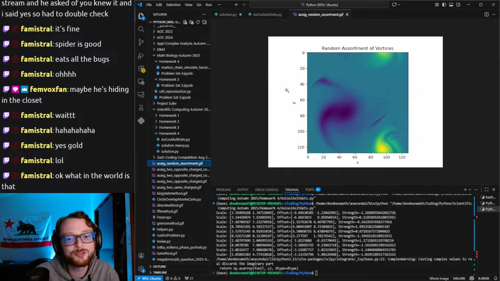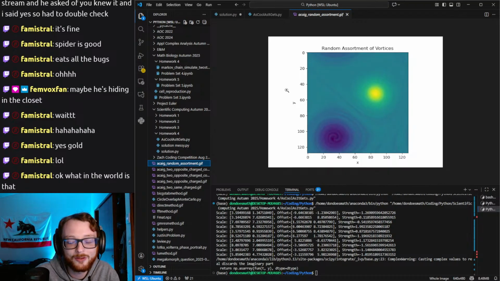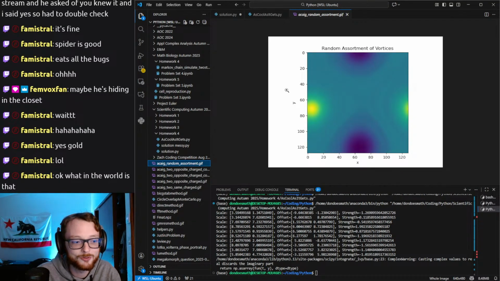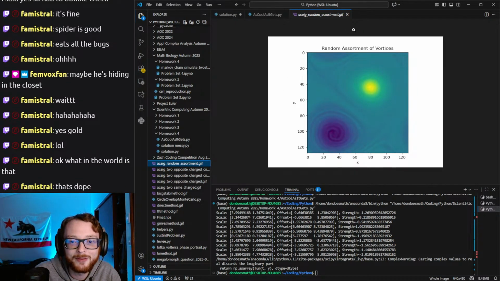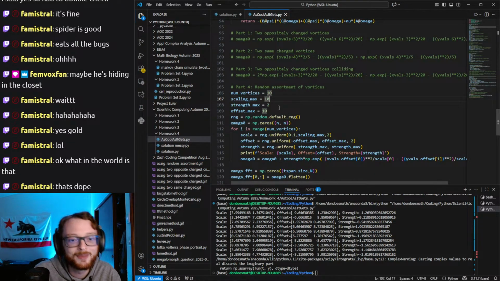This is a simulation of a vortex, in this case multiple of them. It could be a hurricane or something like that, or a whirlpool in water. I've written code that simulates it. I think it's really fun. I'm setting up random scenarios with a bunch of them, and I'm trying to get the coolest version that I can.